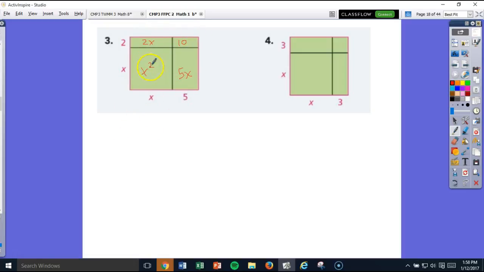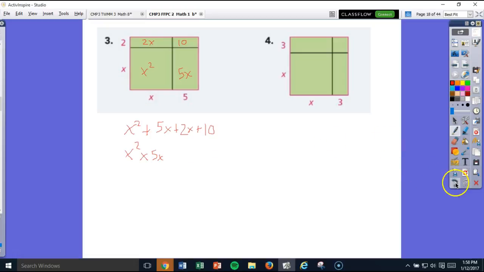So we're going to start with the largest power, x squared, and we'll add in our 5x, and our 2x, and our 10. So we add all of these together. And when we do that, we get x squared plus 5x.